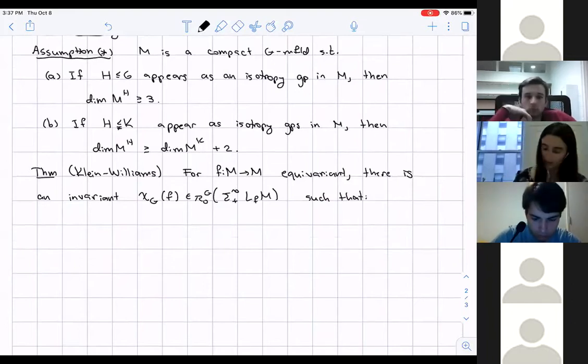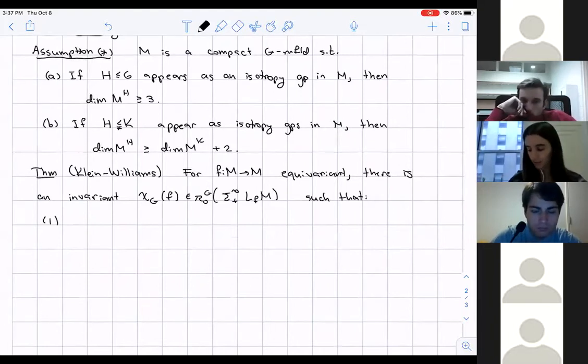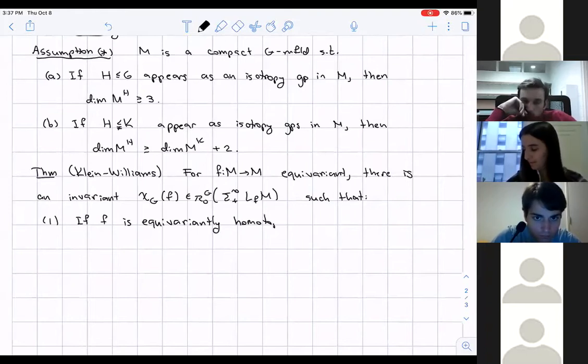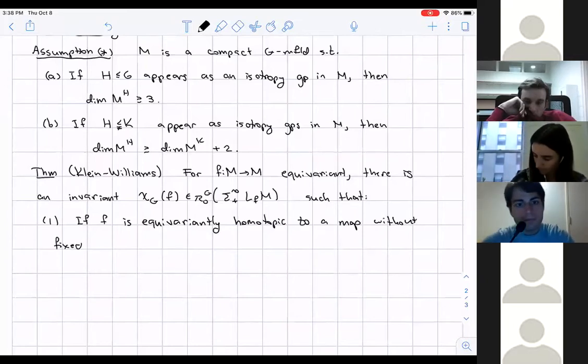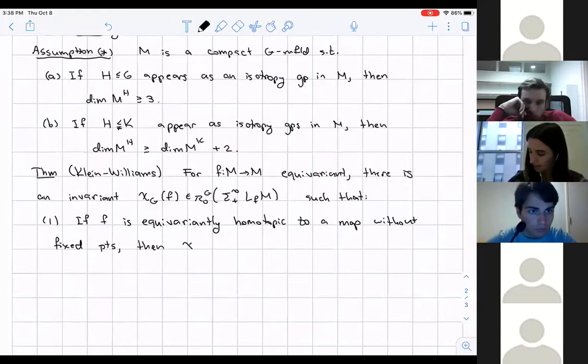Such that, well, the first part is just exactly analogous. If f is equivariantly homotopic to a map without fixed points, then chi_G(f) is 0.